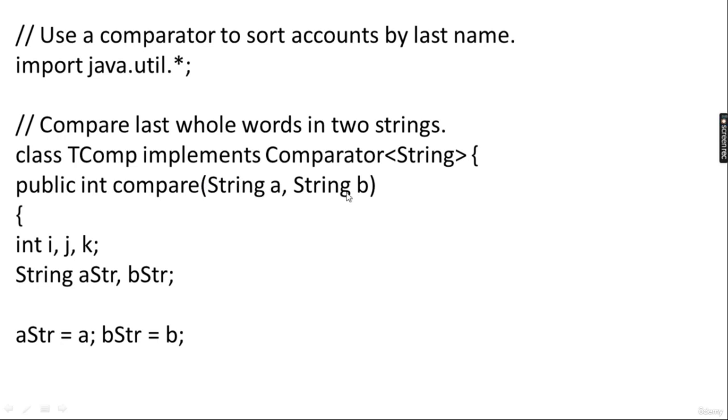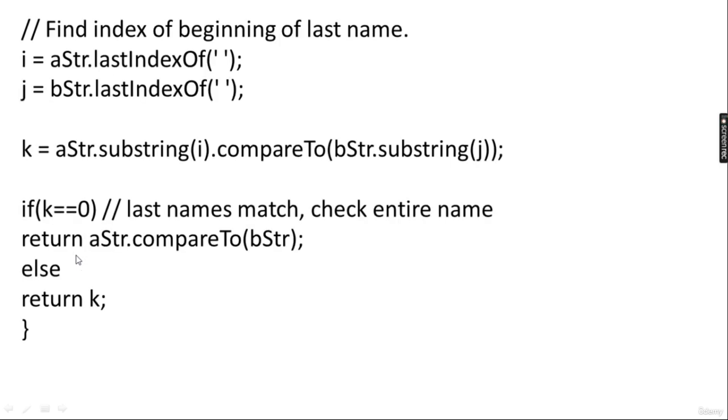Now, with a and b as the two strings, three variables i, j, k are created. i is equal to a.lastIndexOf(space). j is equal to b.lastIndexOf(space). k is equal to a.substring(i) compared to b.substring(j).